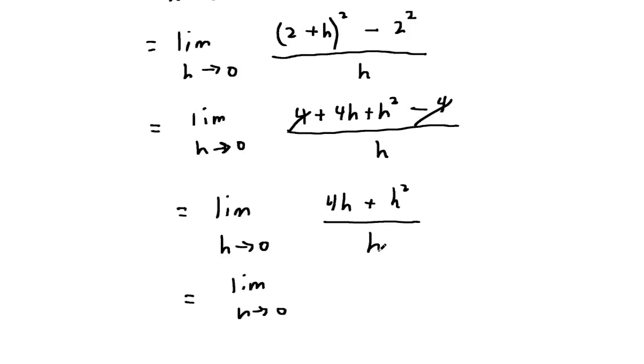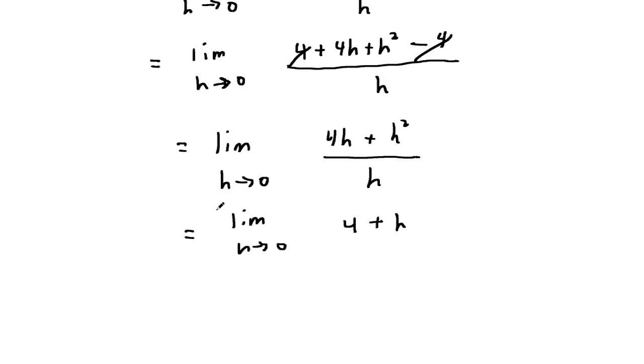Okay, and the h cancels out with the h in the numerator, like this. So the limit of this as h approaches 0 is the same as 4 plus 0. And that's 4.